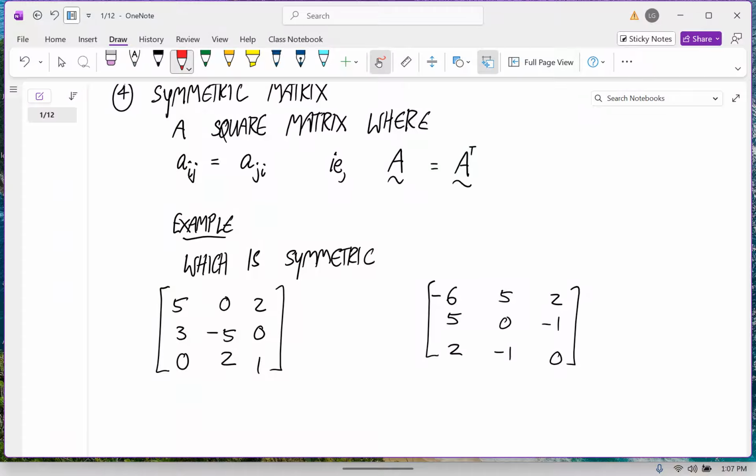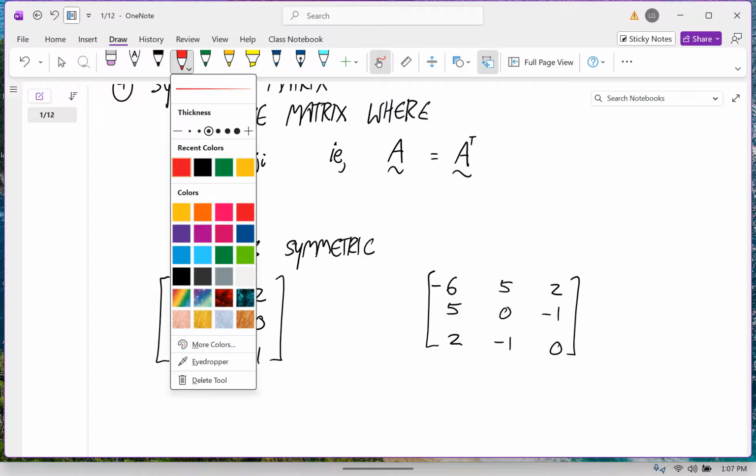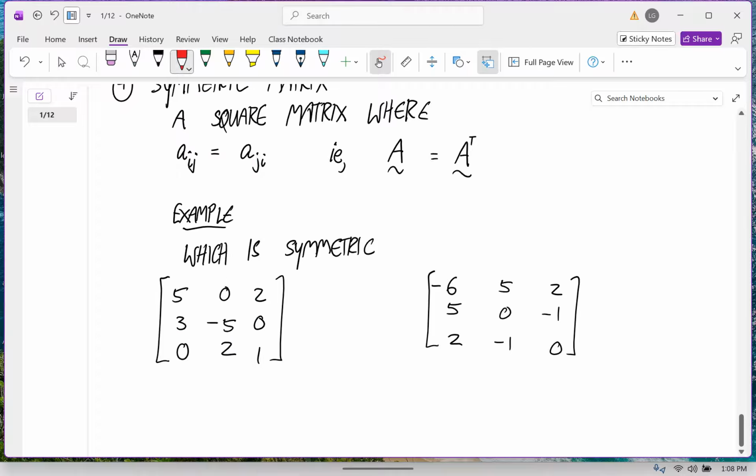So visually, let me just do it sort of visually first. So think of canceling out the diagonal. That can be anything. And now think of the elements that are reflected about this diagonal.